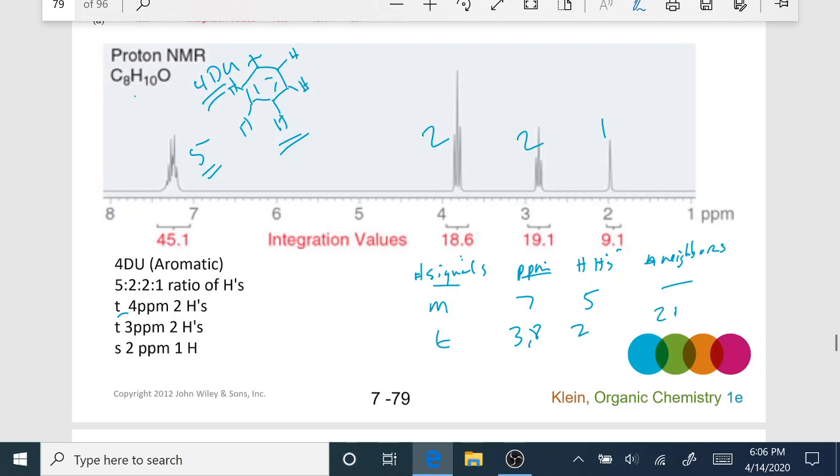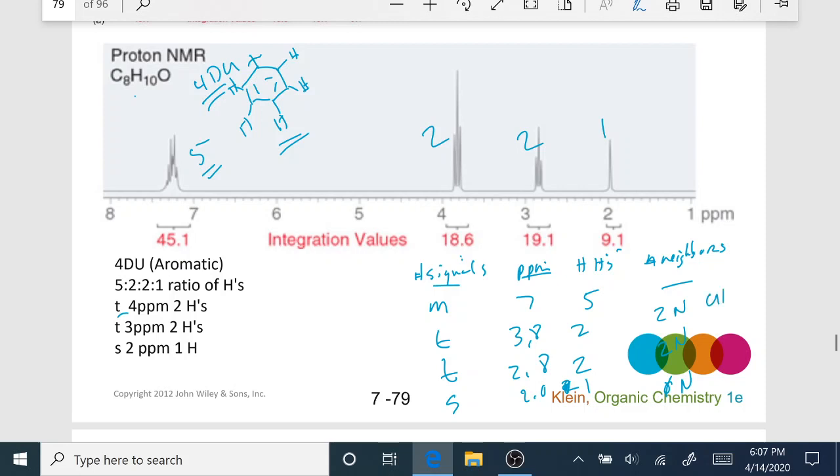It means they have 2 neighbors. Then at about 2.8, we've got 2 hydrogens that I think are a triplet, meaning they have 2 neighbors. And then at about 2 ppm, we've got 1 hydrogen that's a singlet, meaning it has 0 neighbors.